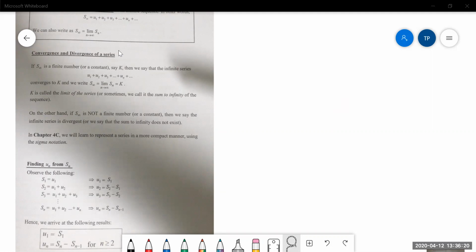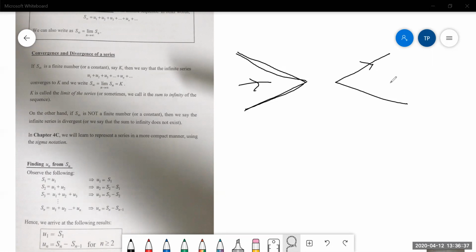So today we're going to discuss convergence and divergence of a series. Converge basically just means something like that, when you go in this direction. This is a converging ray, right? Diverging ray, well, why does it feel like I'm teaching physics? You take physics?